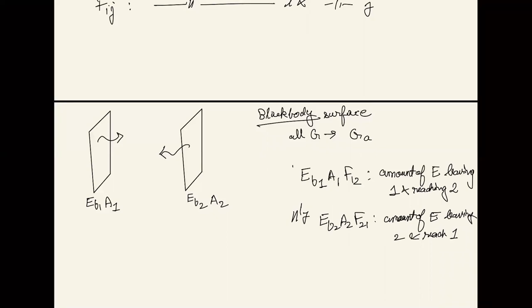All right, and now what I can say, if I consider a particular surface, say this particular surface 1, the net change in the energy of this surface, the net transfer of E from 1 to 2 will be Q12, and this will be given by the amount that it is receiving minus the amount that it is giving away.